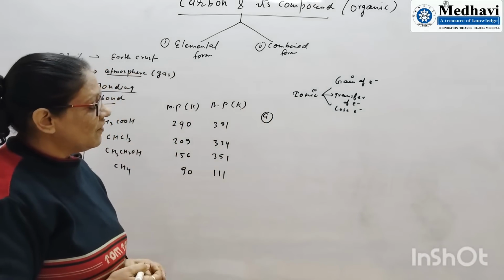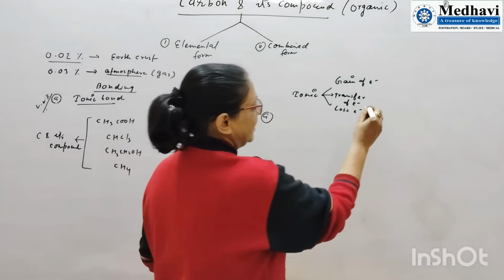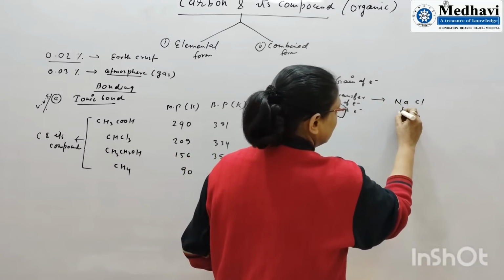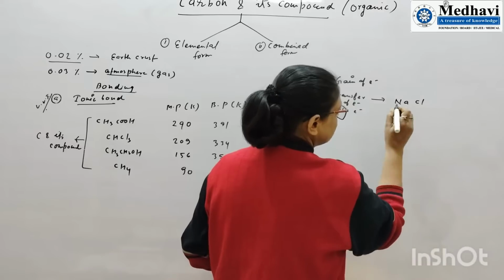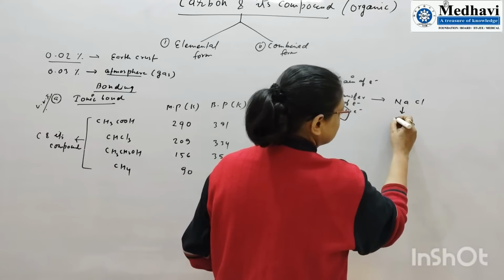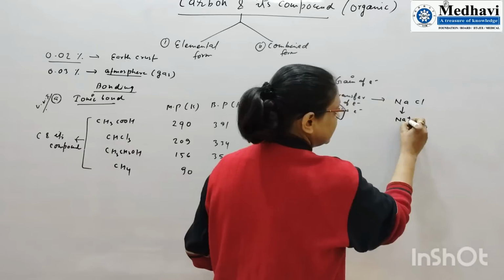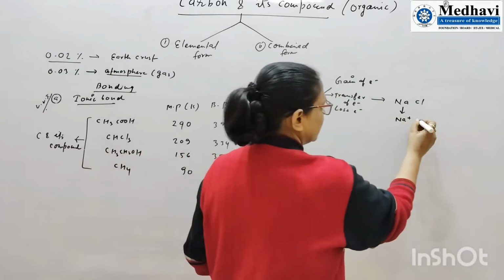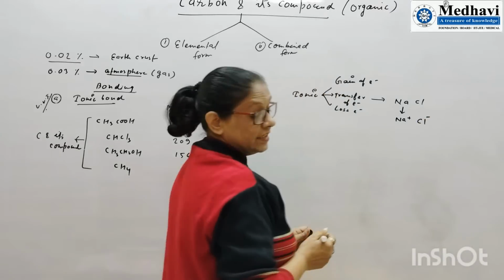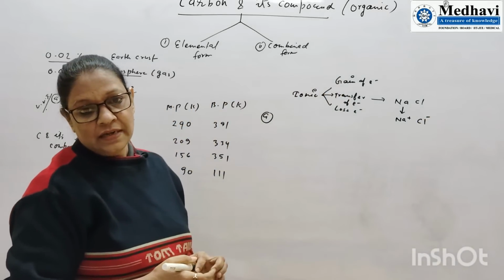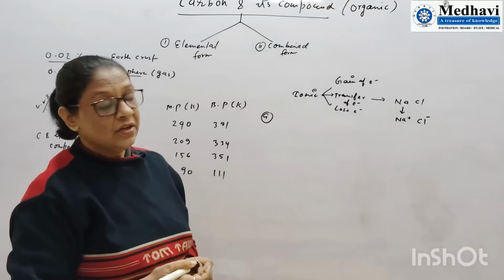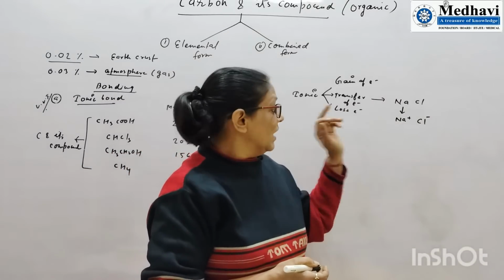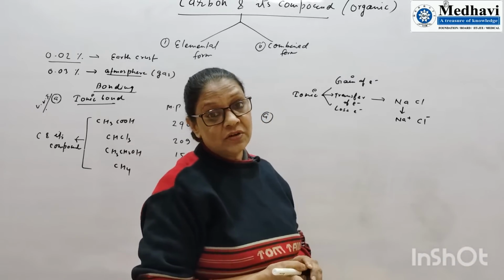When there is a transfer of electron, for example NaCl, then here Na loses its electron and turns to Na plus ion. Cl gains an electron and turns to Cl minus ion. So in one case there is loss of electron, in another case there is a gain of electron.